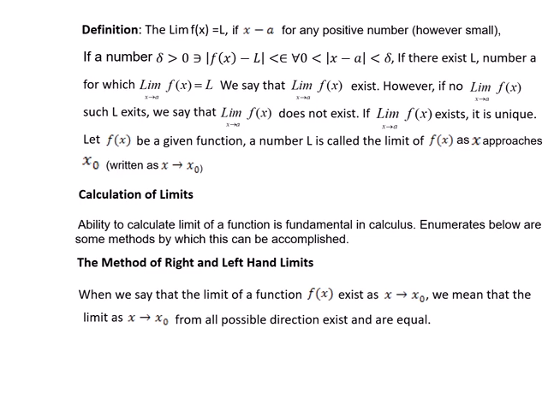If there exists L, a number for which limit f of s as s approaches a equals L, we say that limit f of s as s tends to a exists.